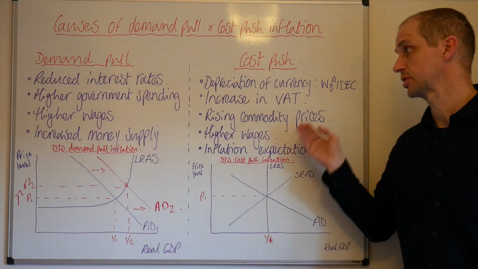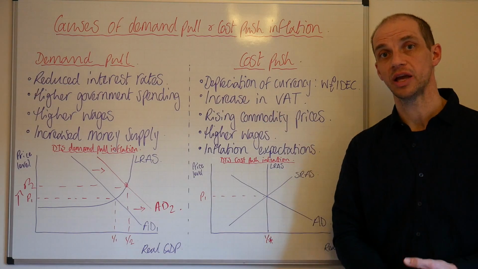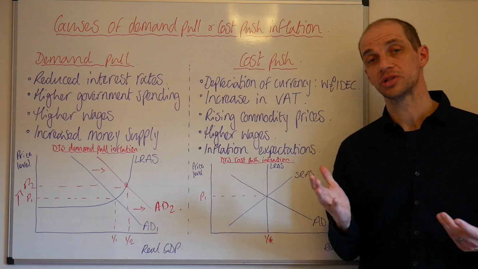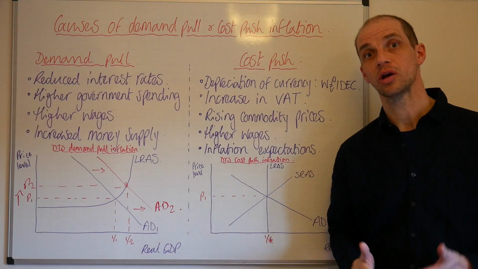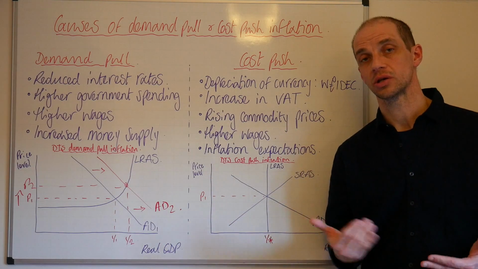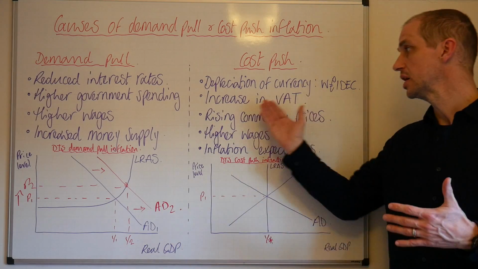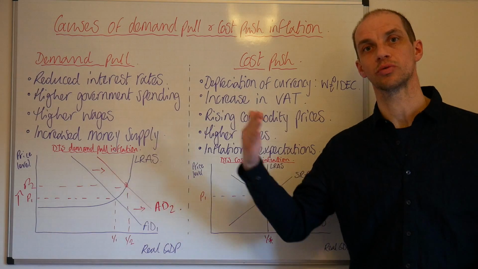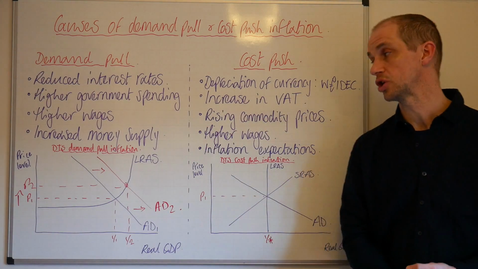Increases in VAT are also important here, okay? Because remember, when it comes to cost push, you're looking at the cost of inputs rising. So the cost of inputs suddenly rises, and therefore you've got to pay more for those inputs, which feeds through to higher price levels in the future.